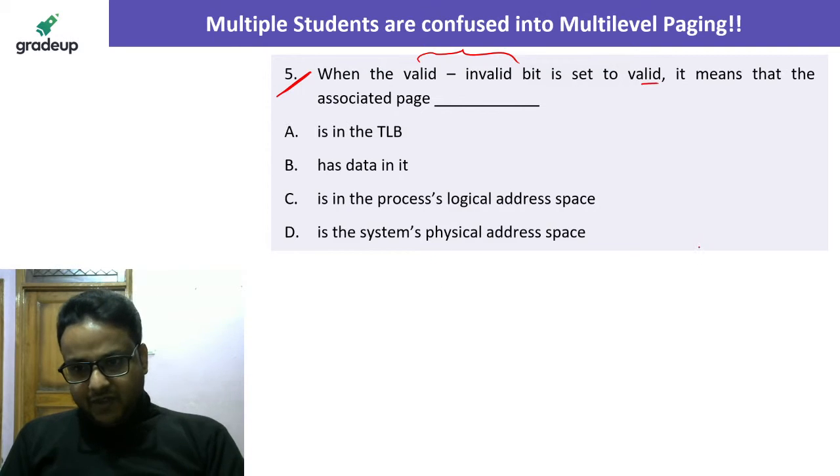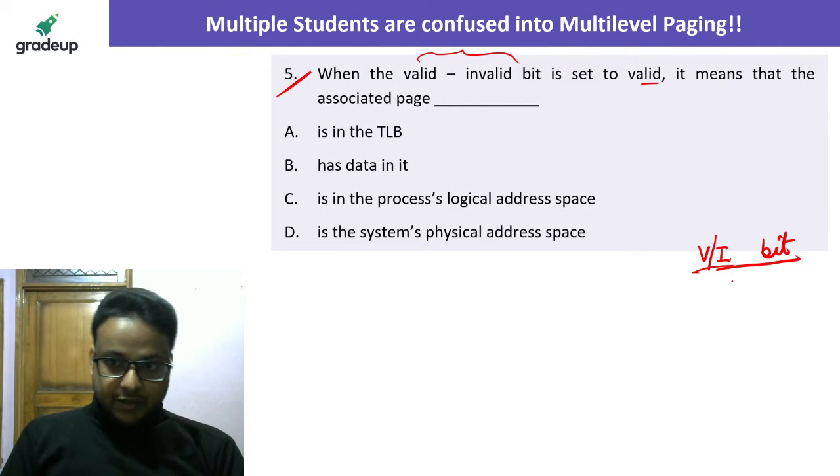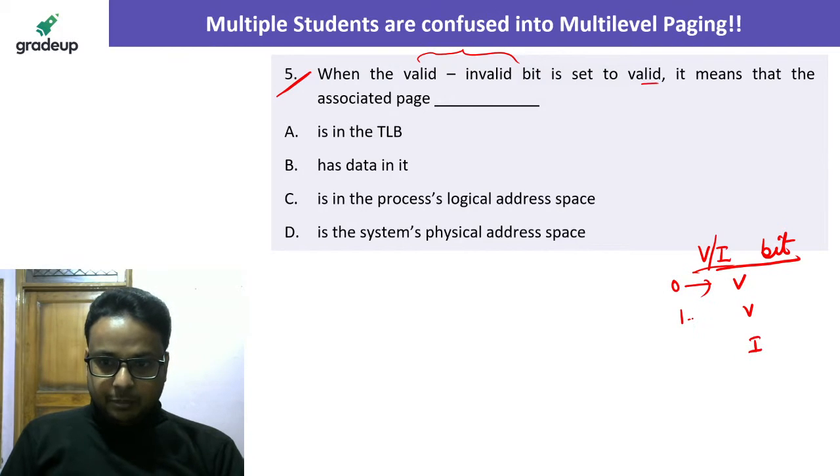So basically the valid invalid bit is used for telling you whether a page is valid or invalid. For example, this is page 0, page 1, and page 2.